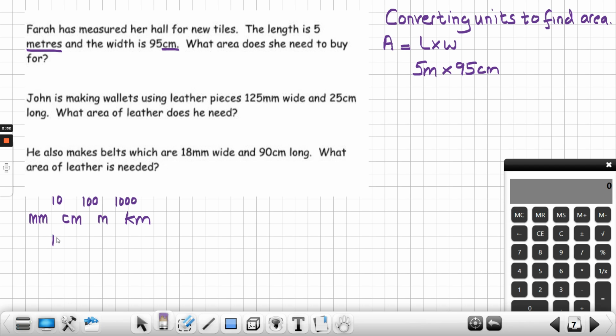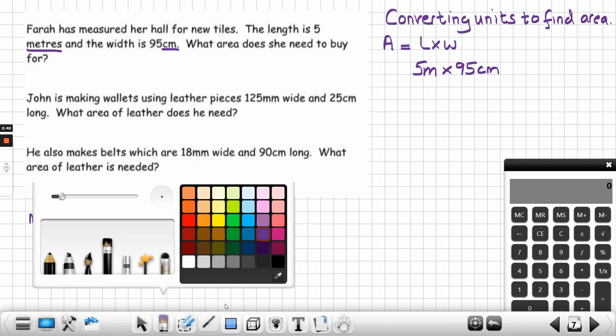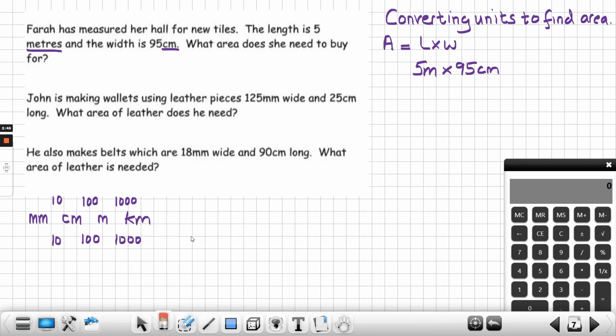Let's put the same numbers underneath. But what we're now going to do is look at the direction we're going. Let's just change colour. So if I'm going from millimeters to centimeters, centimeters to meters, meters to kilometers, if I'm going in that direction, I'm going from a small unit to a bigger unit. And here's where you have to really use logic. If I'm going from a small unit to a bigger, I need less of them because they're bigger.